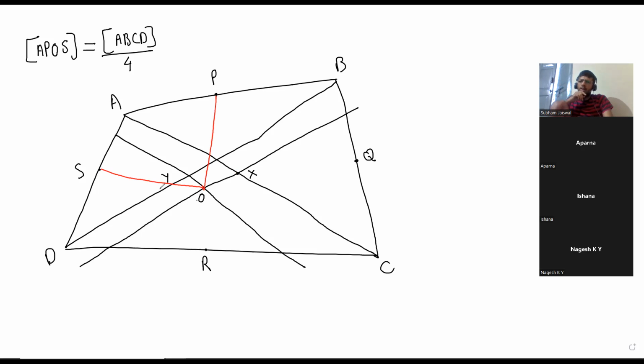So has anyone made progress in this? This is my approach. Any ideas? Okay, tell me. So if this is the approach, then one thing comes out very clearly. Just like before, this APS is sort of separate, right?